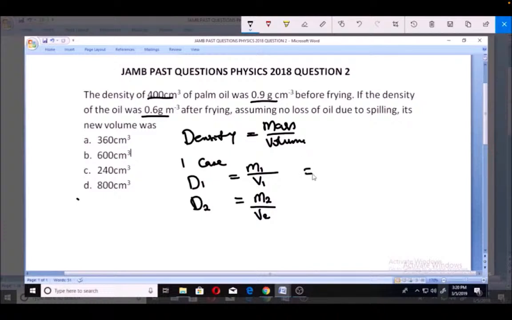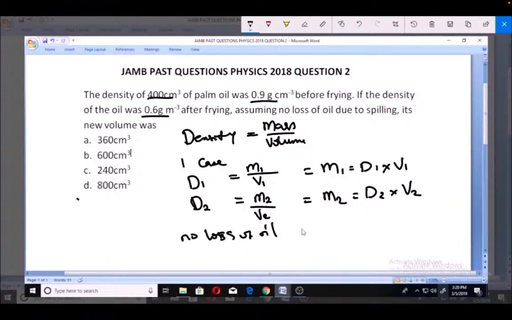If we make M1 the subject of the formula, you have M1 equal to D1 times V1. From here, if you make M2 the subject, you have M2 equal to D2 times V2. But they say there is no loss of oil. This simply implies that M1 is equal to M2. So if M1 is equal to M2, that means that D1 V1 is equal to D2 V2.